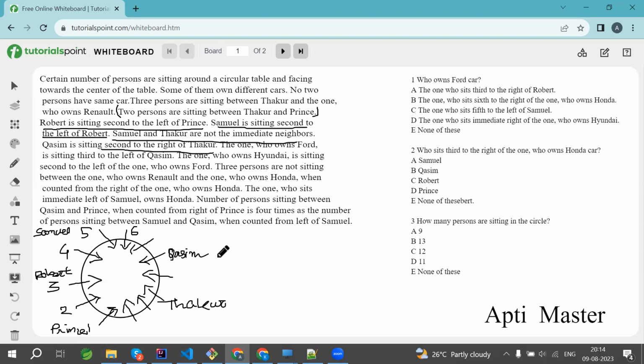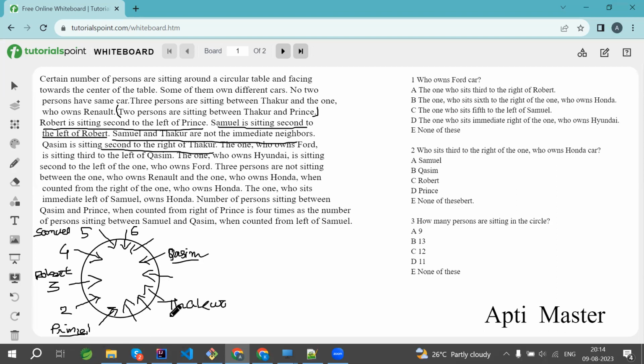According to this sitting, counting from the right of Prince, between Qasim and Prince, 1, 2, 3, 4, so in between there are four people.